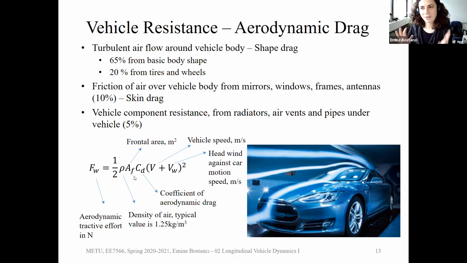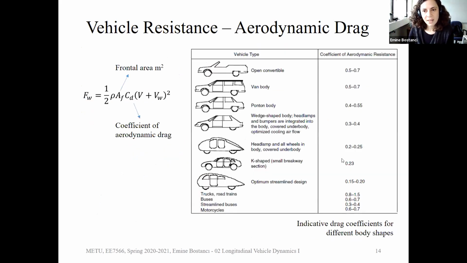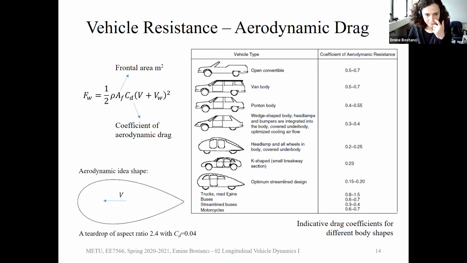Each vehicle, once it is designed, is going to have a frontal area value and a coefficient of aerodynamic drag. And the coefficient of the aerodynamic drag highly depends on how you form the vehicle, what the vehicle type is. As you see, it goes from a rectangular type to more of a teardrop type, and the aerodynamic drag coefficients are decreasing.